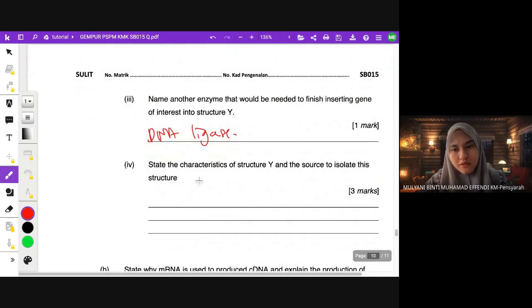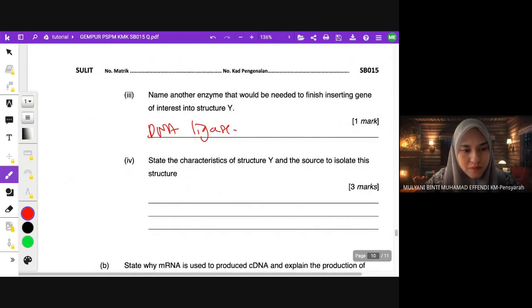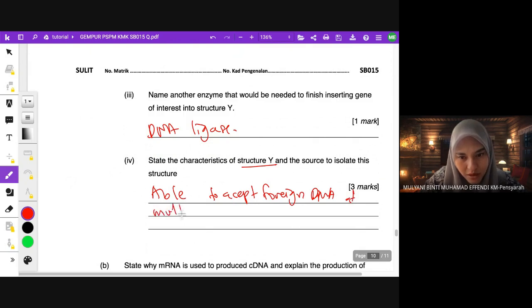So state the characteristic of structure Y and the source to isolate this structure. So structure of Y, Y itu adalah vektor lah kan. So ciri-ciri vektor. So able to accept foreign DNA, okay, at multiple cloning site, MCS tu lah.